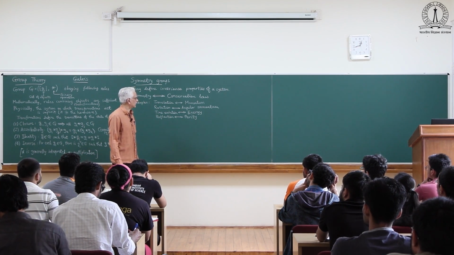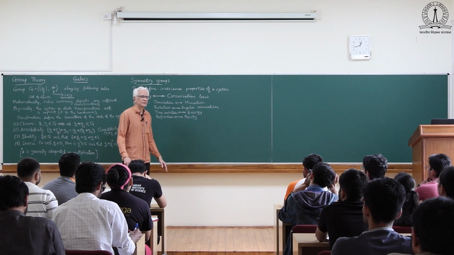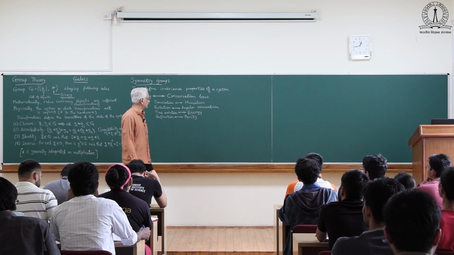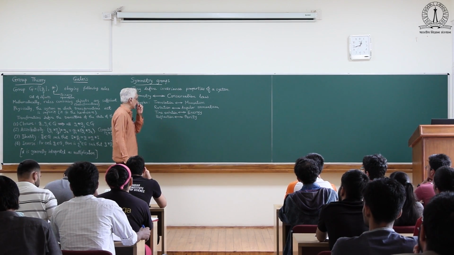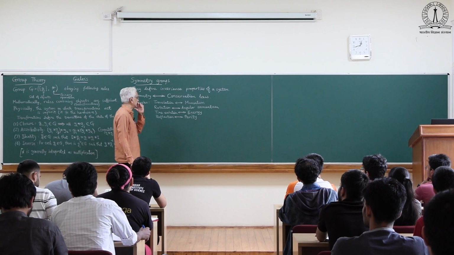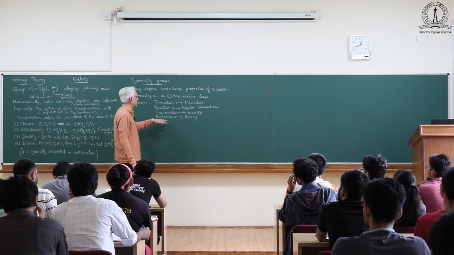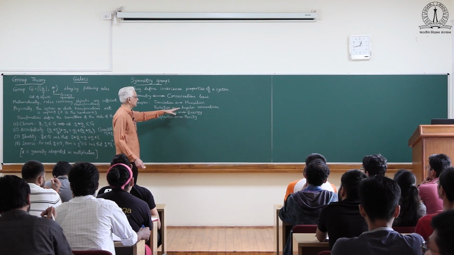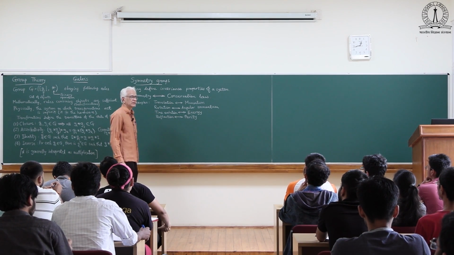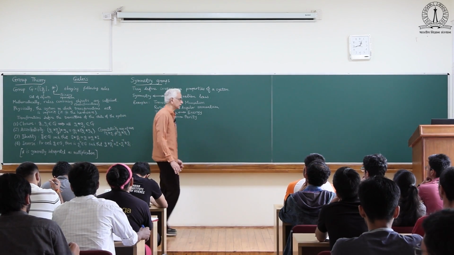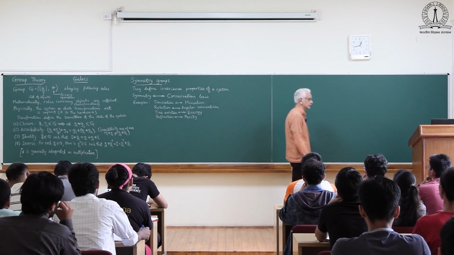We will not have reasons to use them, so I will not go into any more details about this. But these are the instances where applications with respect to computation will come in some form or the other. Okay. And that is something which I wanted to point out.